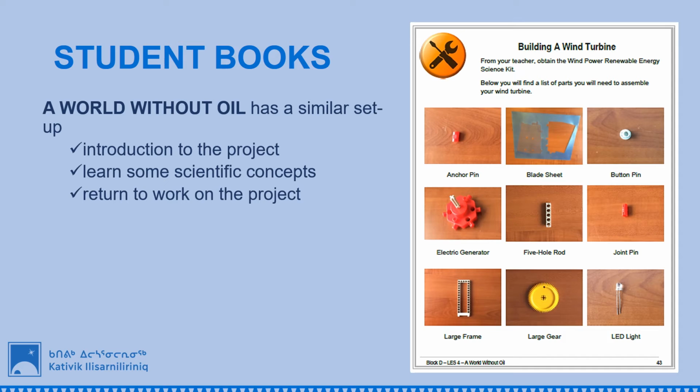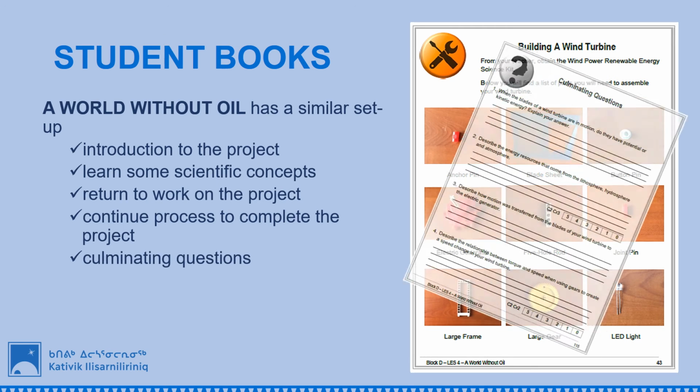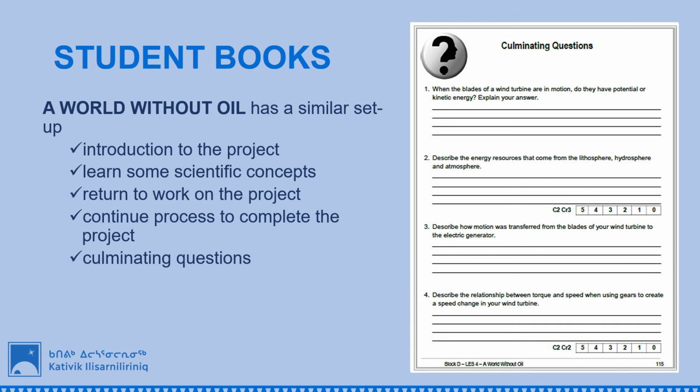They'll begin to work on aspects of the project related to what they just learned and answer some review questions on that content. The process of studying concepts and applying them to the project repeats until the project is completed. Finally, the LES wraps up with the culminating questions.